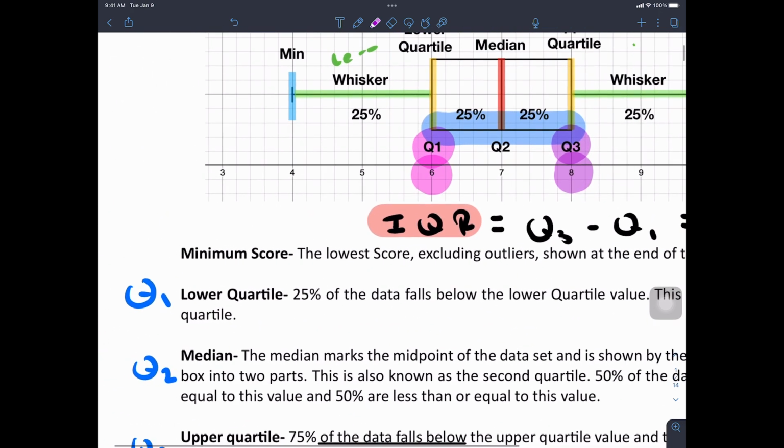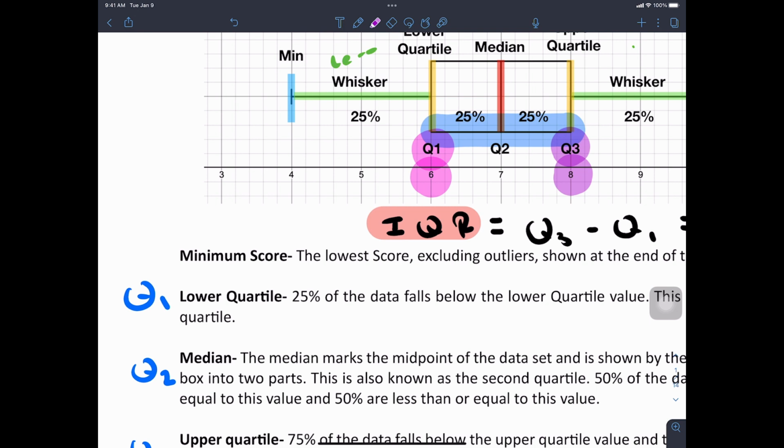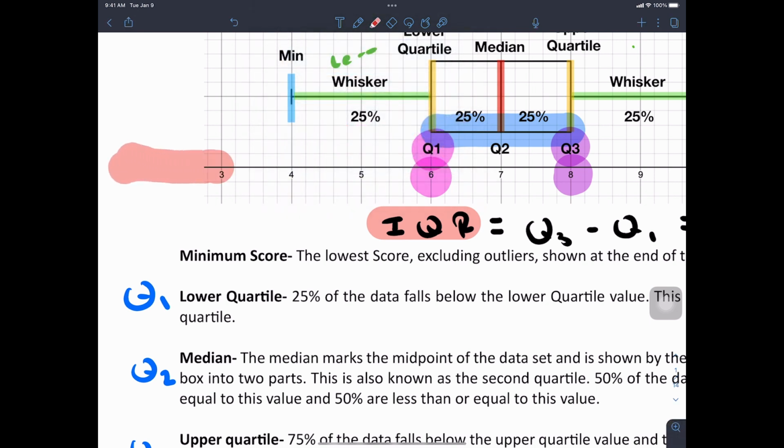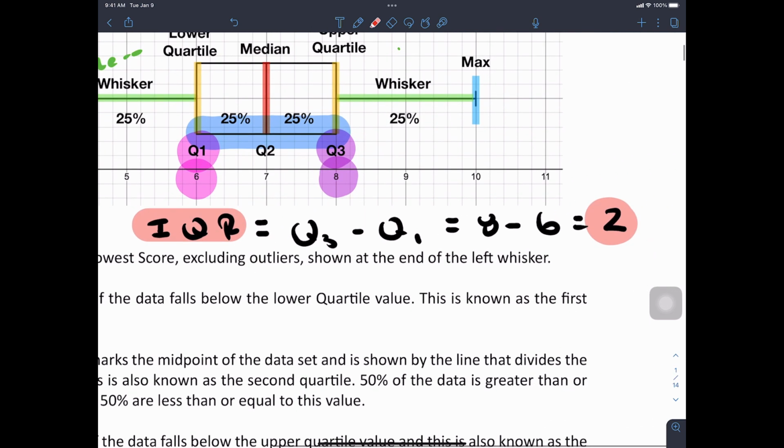So, ladies and gentlemen, let's find a color for the outliers. They have to be outside over here: a data value smaller than 3, or bigger than 11.